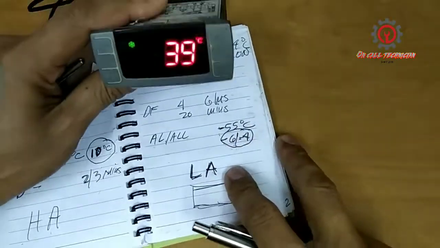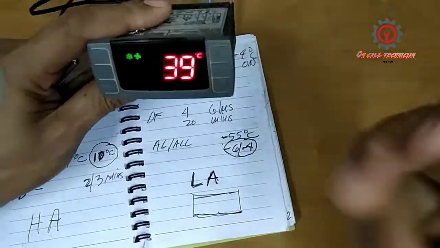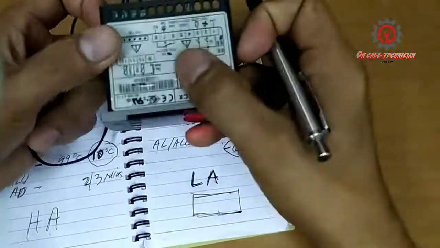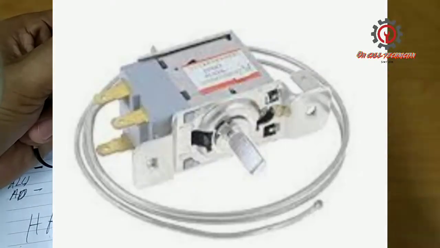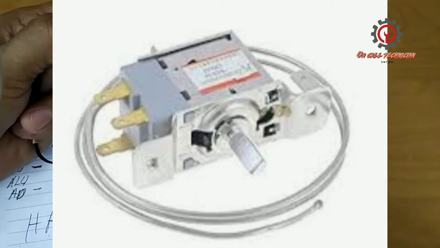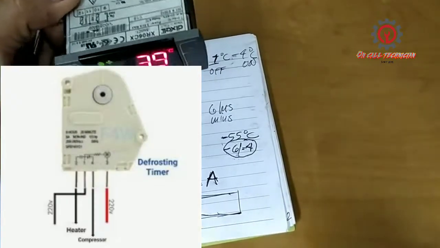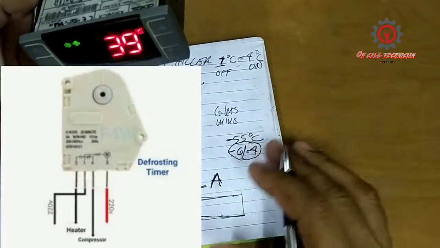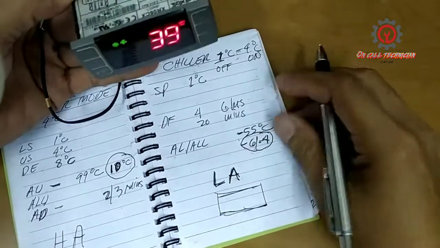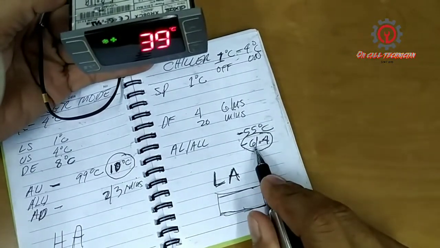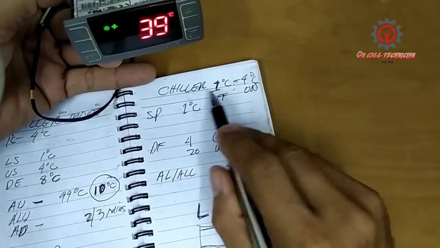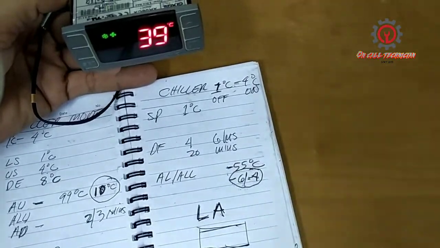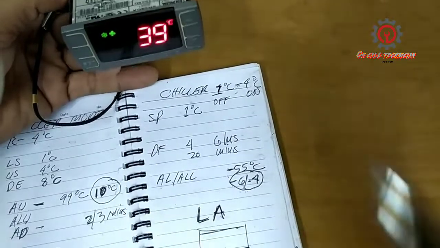Ngunit ang sinasabi ko, guys, para magamit natin ang full functionality nito, itong digital control na wala sa ating mga analog na thermostat, gumagamit pa ng timer para sa defrosting niya. Ngayon, just in case guys na magka-problema to, usually kasi ang chiller is 1 to 4, depende sa country na pinagtatrabuhan nyo kung ano yung kanilang standard.